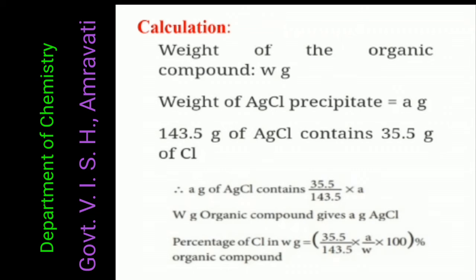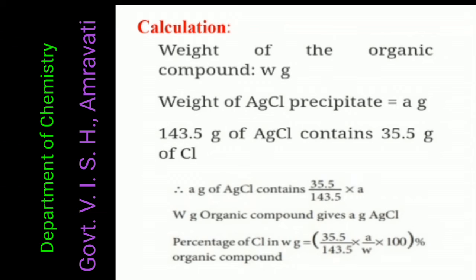The calculation is as follows. Weight of the organic compound taken is W gram, weight of silver halide, here we take silver chloride precipitate, is equal to A gram. 143.5 gram of silver chloride contains 35.5 gram of chlorine.